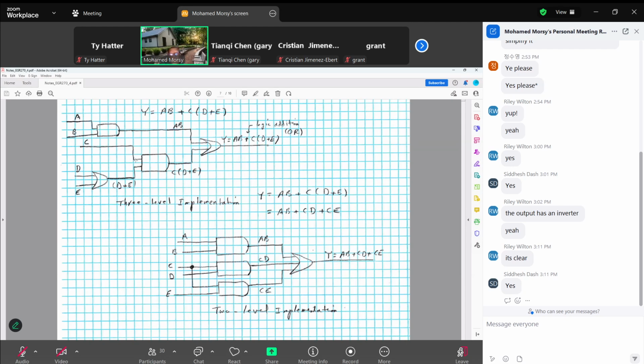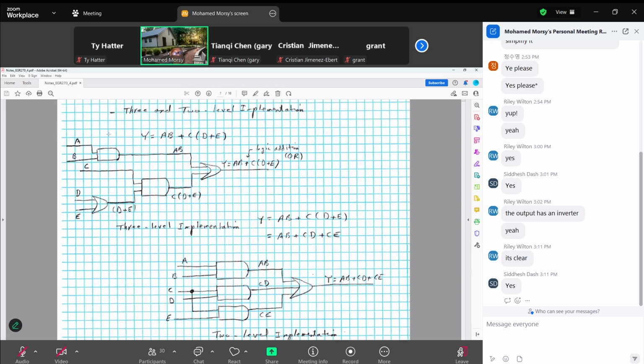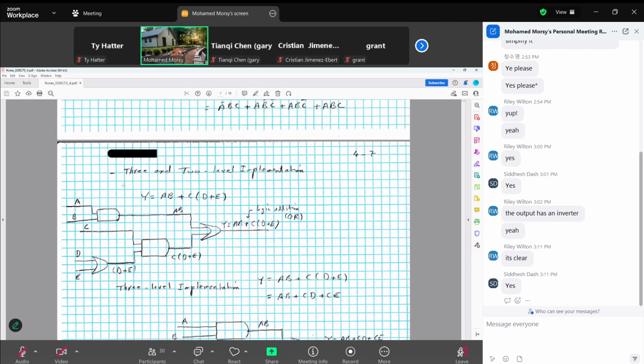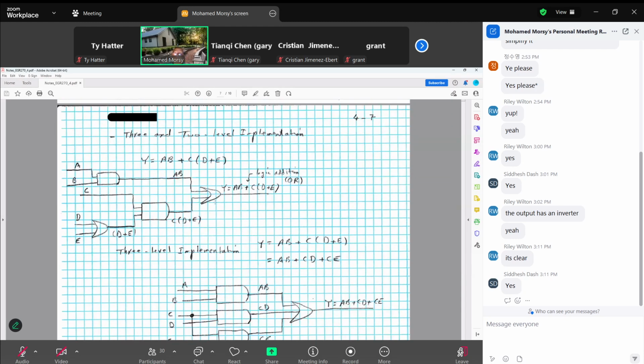Other people may steal the system or the circuit and use reverse engineering to find out the function. For example, if this is an OR gate, I don't know what this gate is or what its function is.